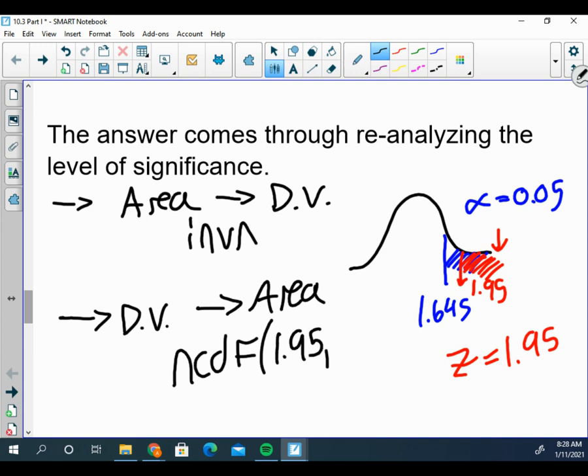Remember, NCDF requires left bound, right bound, mean, standard deviation. The mean and the standard deviation are going to be 0 and 1 because we're working with that standard normal curve. What's my upper boundary going to be? Someone tell me, what should this upper boundary be if I'm going to be greater than 1.95?